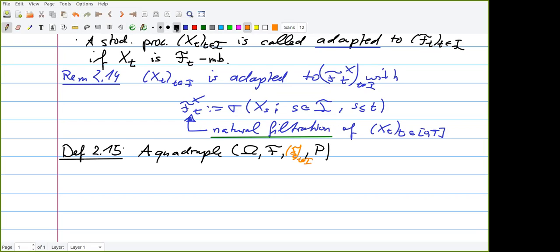If I add a filtration, I call this a filtered probability space.